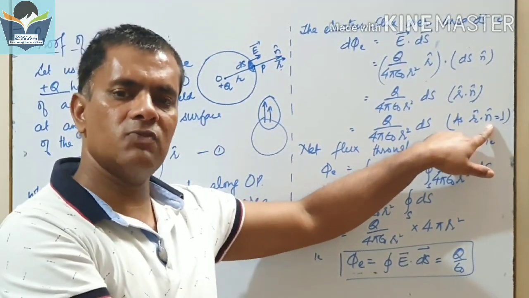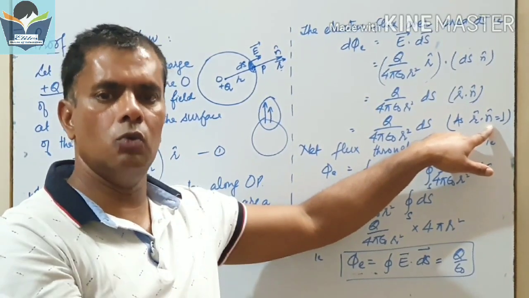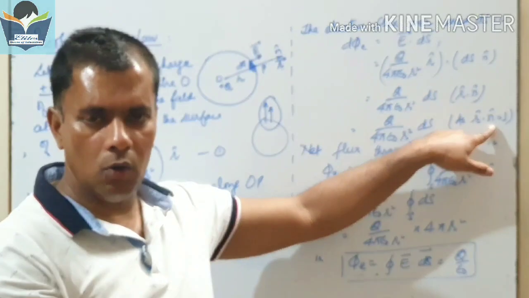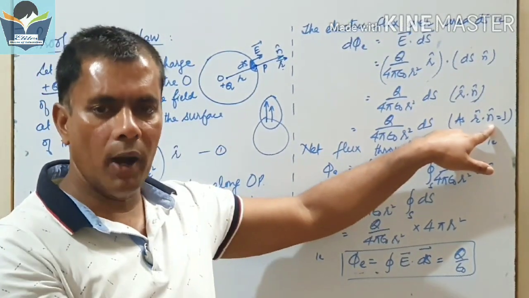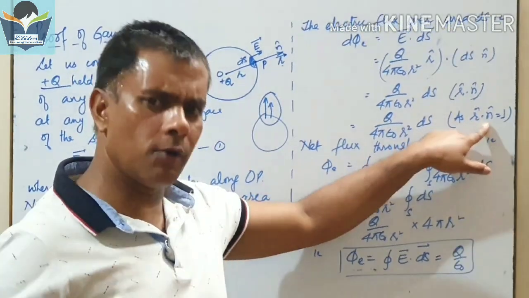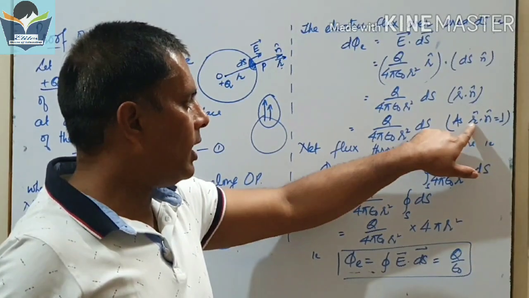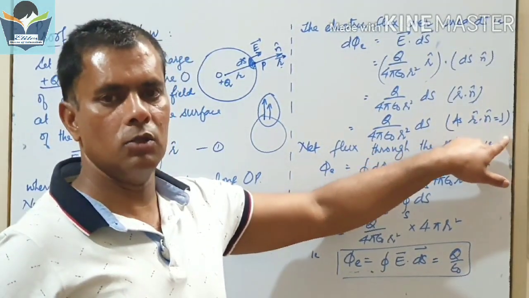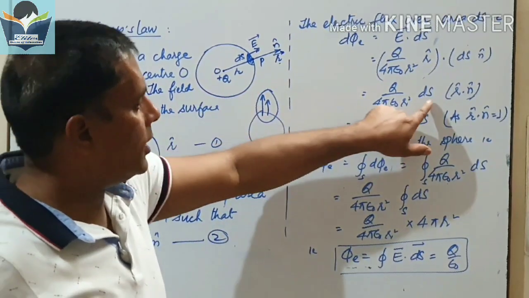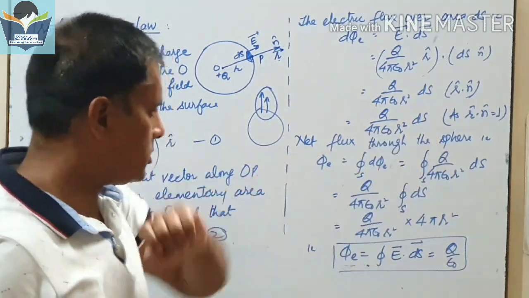And in the previous class we had discussed that for any two unit vectors, the cross product is 0 and the dot product is always 1. So we have taken r cap dot n cap as equal to 1. So q upon 4 pi epsilon r square ds is simply left for us.